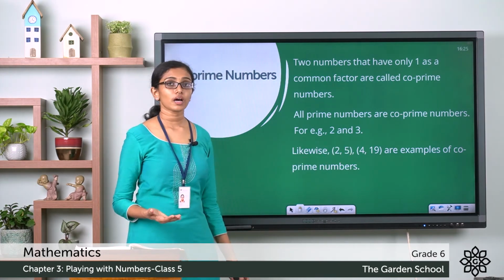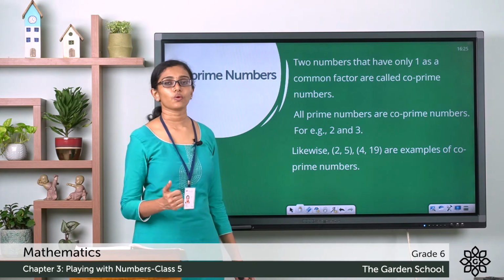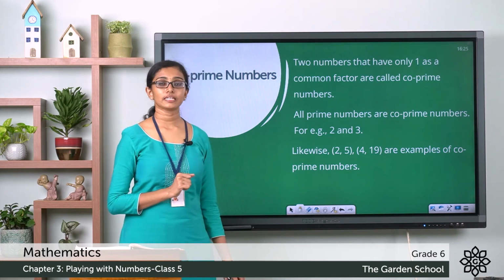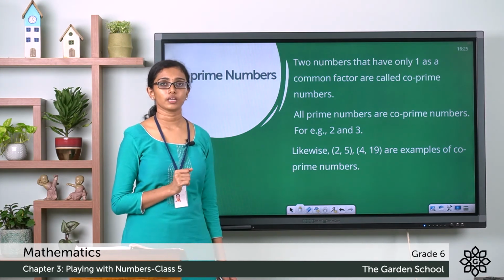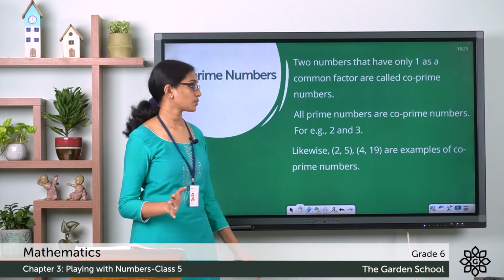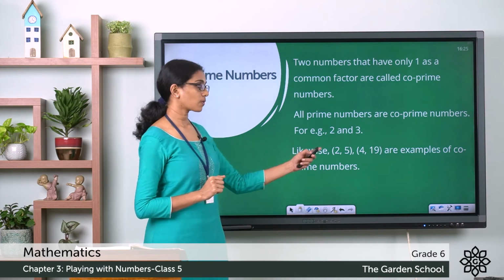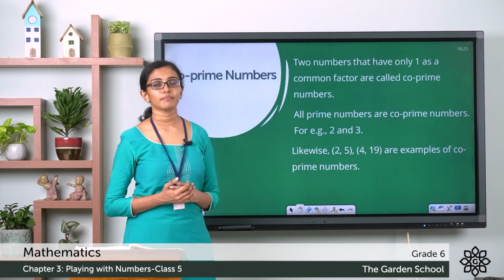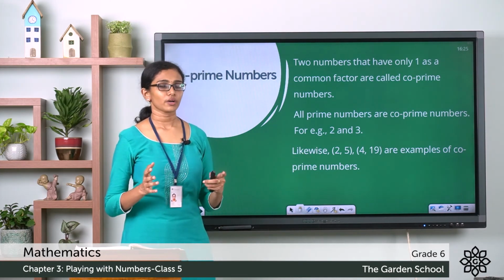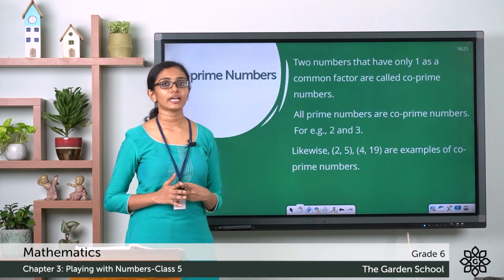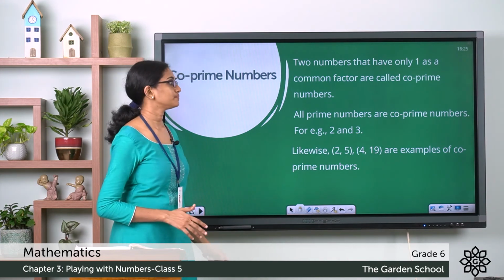The factors of 4 are 1, 2 and 4, whereas the factors of 19 are 1 and 19 only. The common factor between 4 and 19 is only 1. So you can say 4 and 19 are co-prime numbers. So I hope now you have a clear idea of what co-prime numbers are.